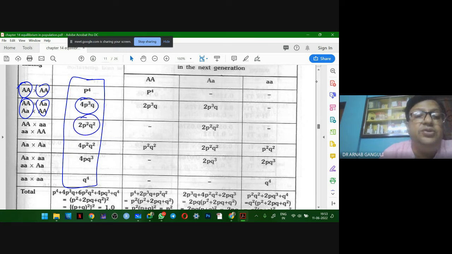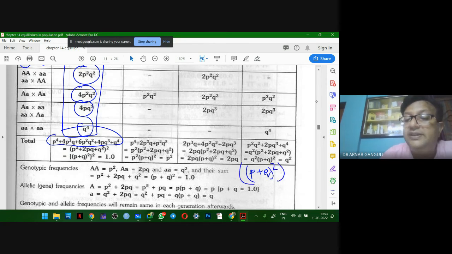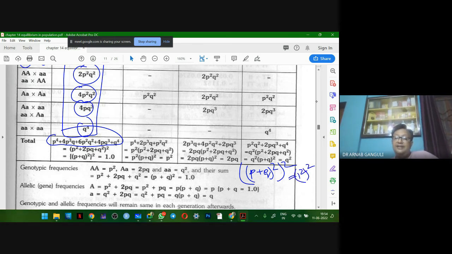You get this total Q square. So if you solve this, this also becomes P plus Q whole square whole square, and that is also equal to 1. 1 square square is also equal to 1.